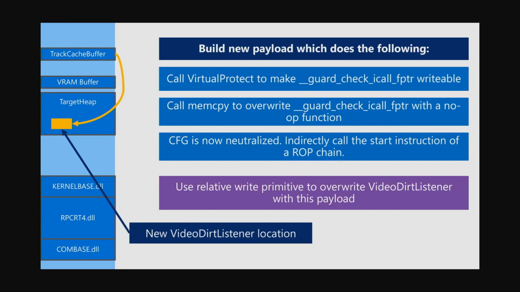So I'm going to call virtual protect with parameters I control to make that CFG check function pointer writable. I'm going to use the memcopy gadget to overwrite the CFG check function pointer with a no-op function. And now that control flow guard is neutralized, I can kick off a ROP chain. So I use the relative write primitive to overwrite the new video dirt listener object with this payload.